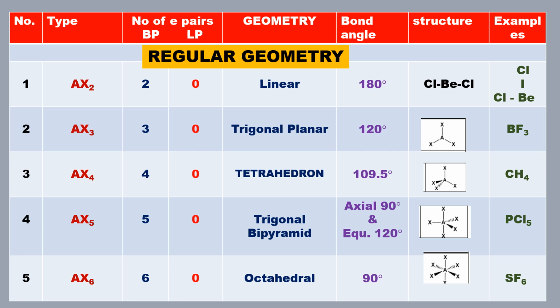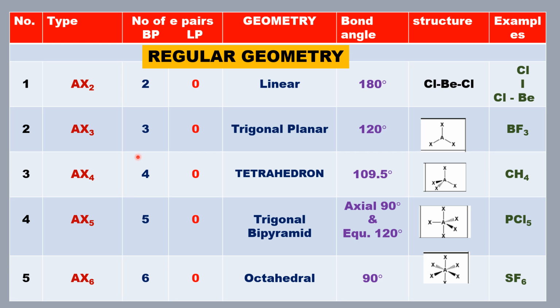Now let us see how VSEPR theory is used to predict the geometry of five types of molecules: AX2, AX3, AX4, AX5 and AX6.